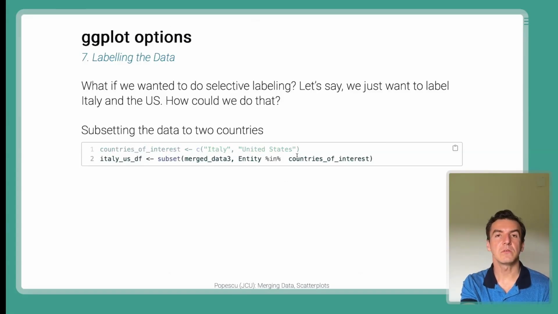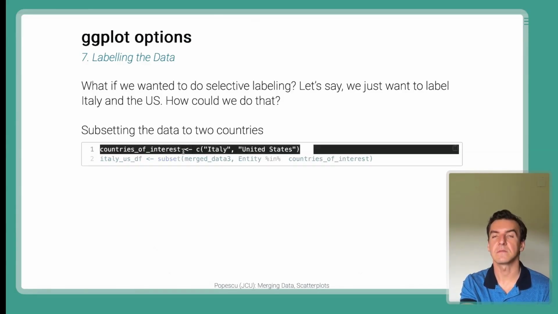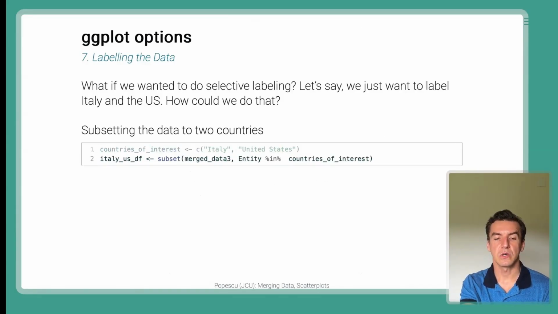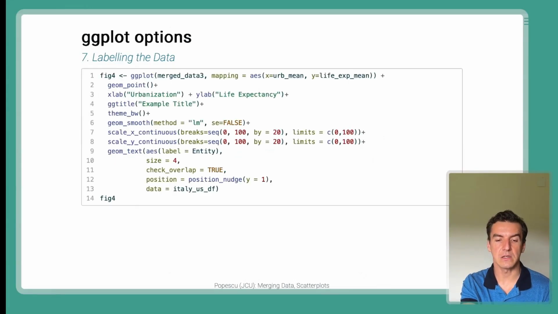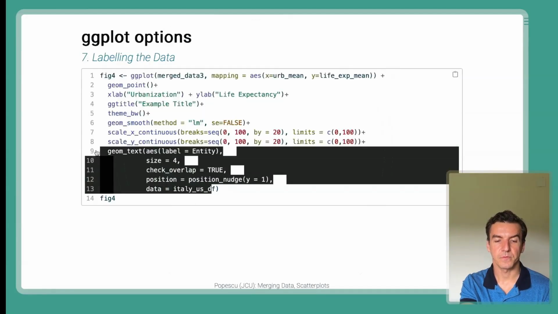And then we're simply subsetting the data, merge data 3, and we say entity in countries of interest, where countries of interest is this vector here. So this is going to create a new data frame with 2 observations, Italy and the US, which we can add to here.